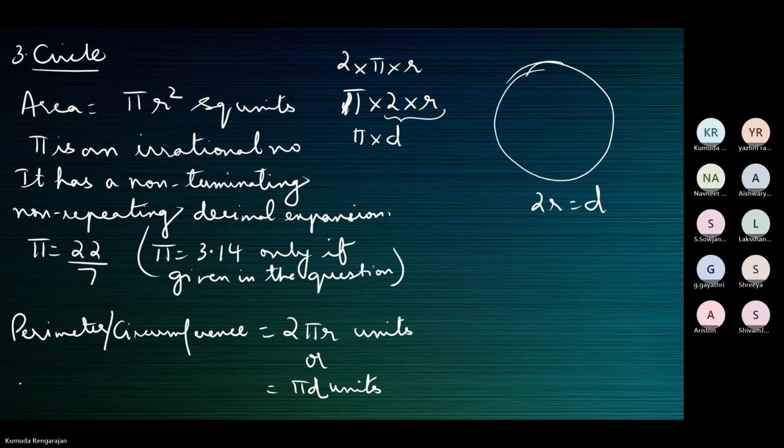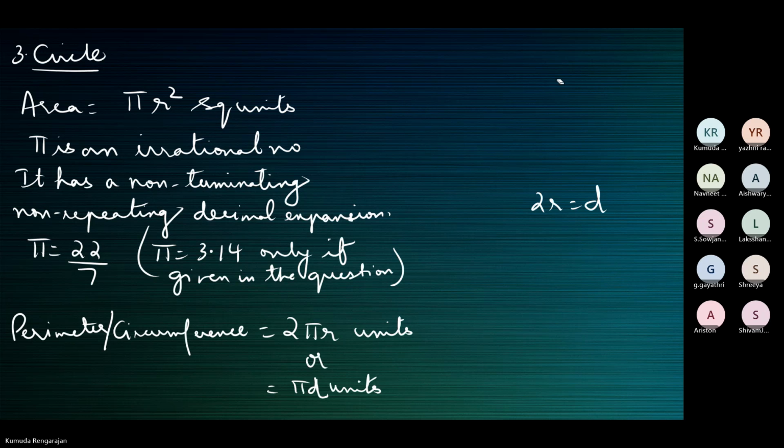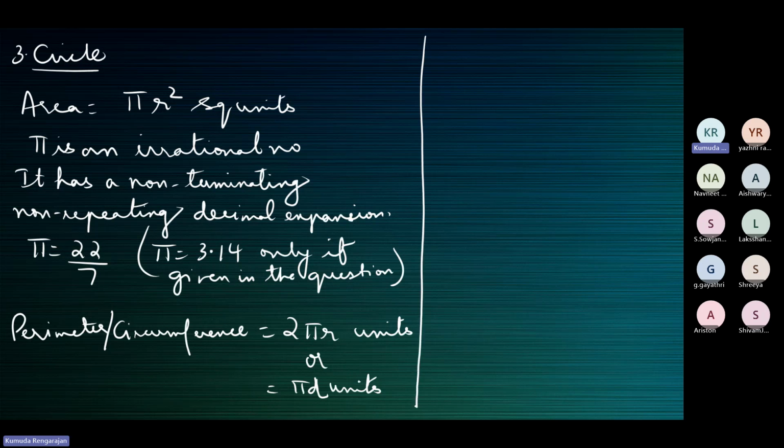So pi d, pi into diameter. So the length of the boundary of a circle, which is the perimeter or the circumference of the circle, is given by the formula 2 pi r or pi d units.